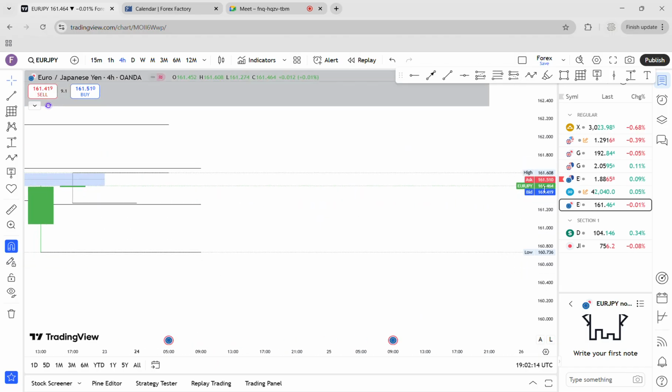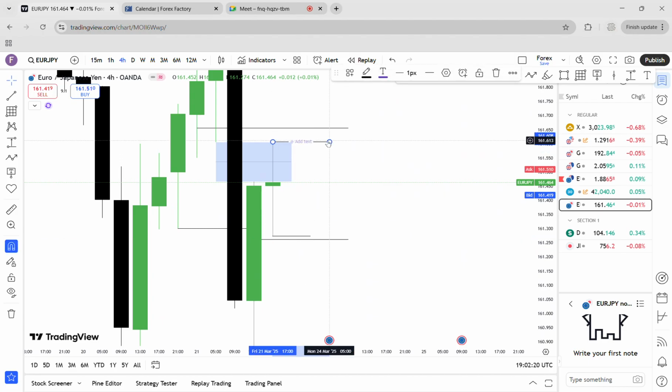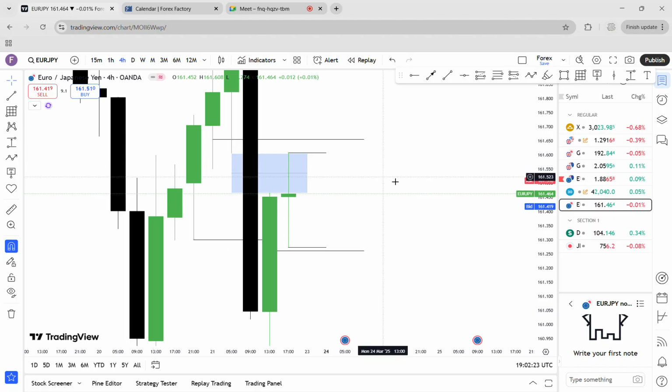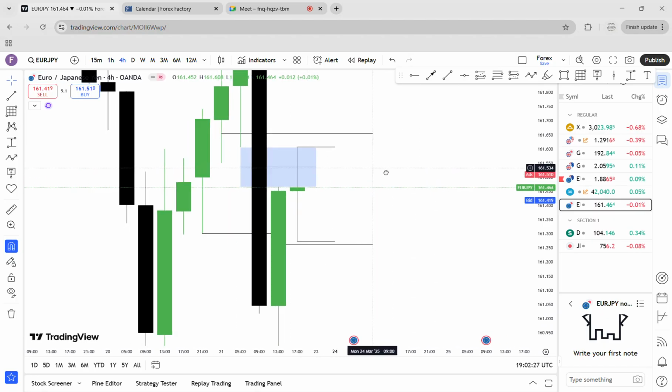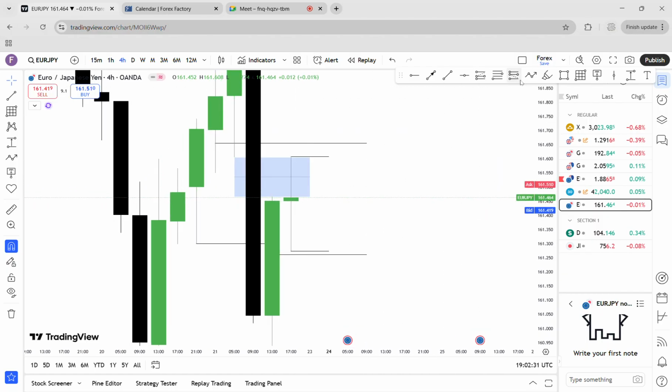That is why I also identified the 4 hour balanced area. This one. That one's already mitigated, right? That imbalance has been mitigated and respected. So this might be the liquidity that price might seek, this high to this area, and continue going down. Okay.